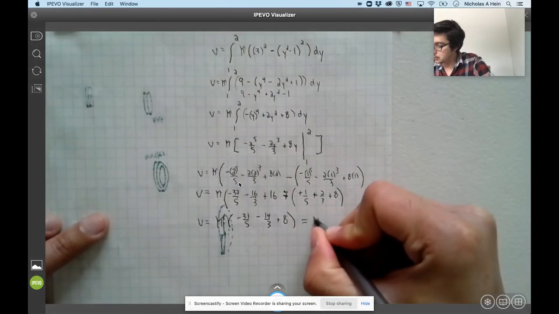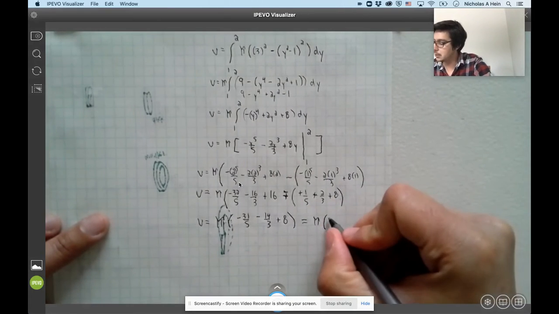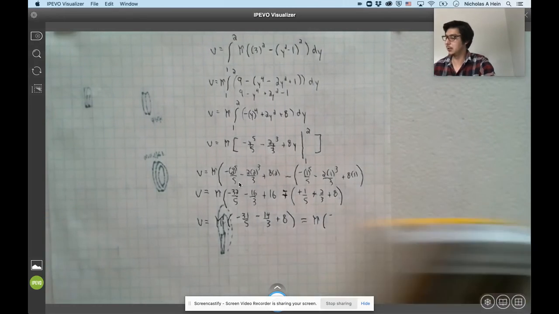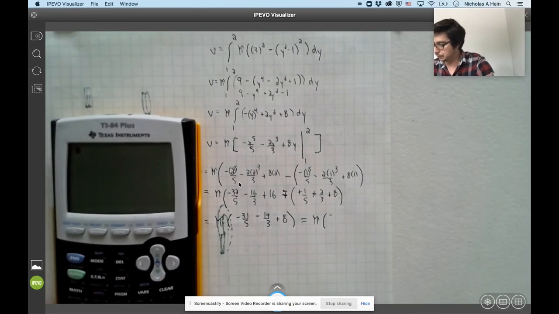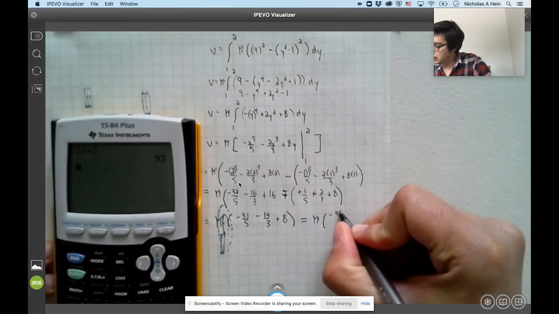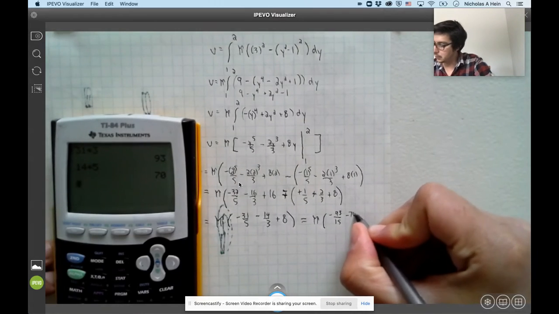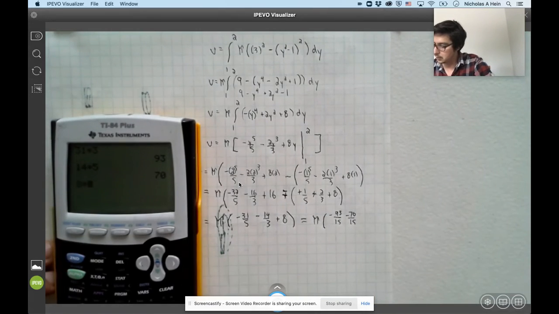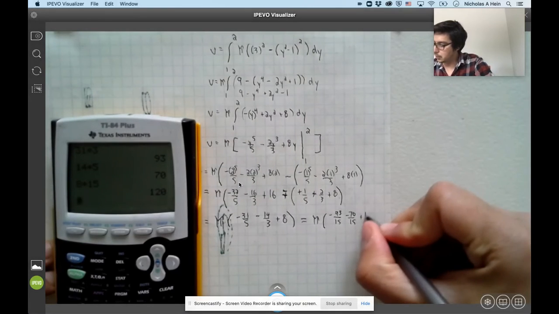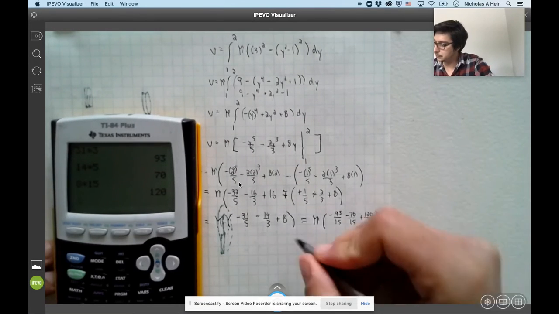Keep going. Common denominators there would be, let's see here, negative 31 times 3, negative 93 over 15, 14 times 5 would make minus 70 over 15, plus 120 over 15.